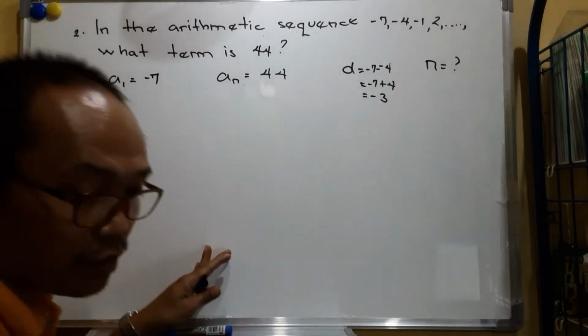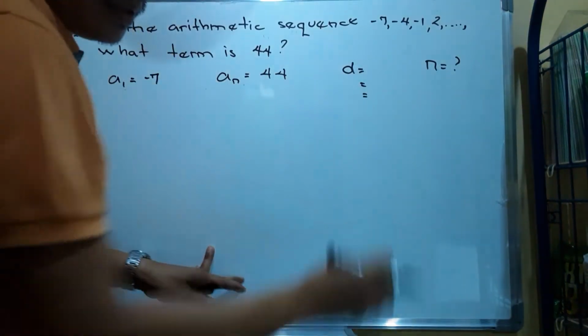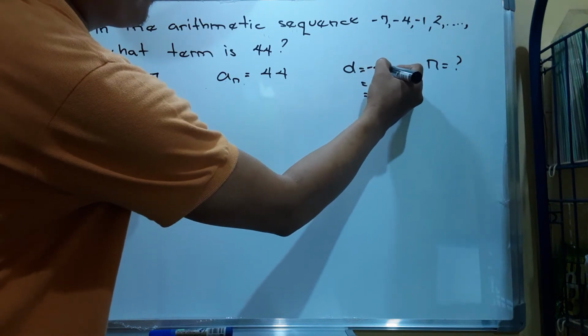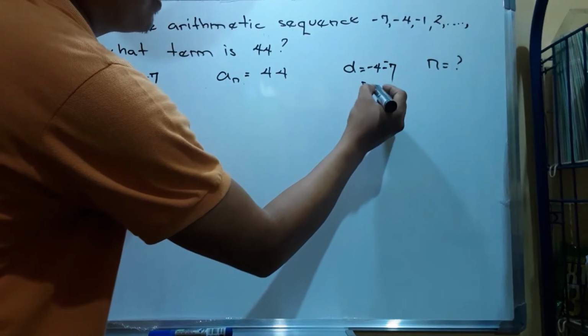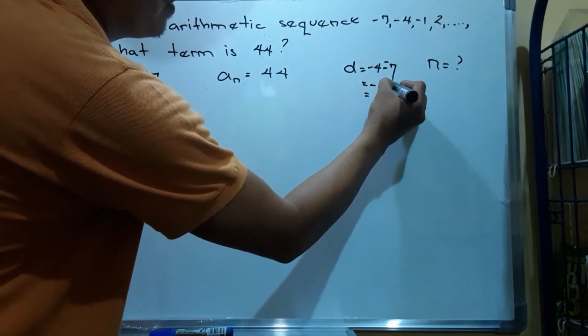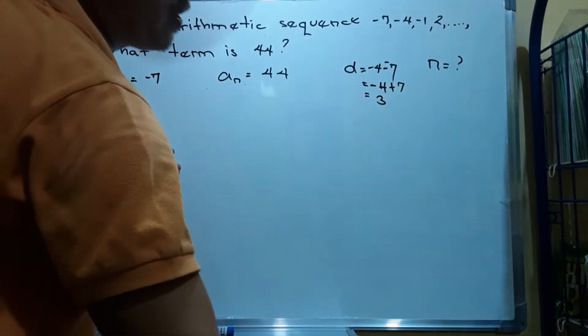Negative 4, sorry. Negative 4 minus negative 7. So, that is negative 4, negative would become plus 7. So, that is positive 3.